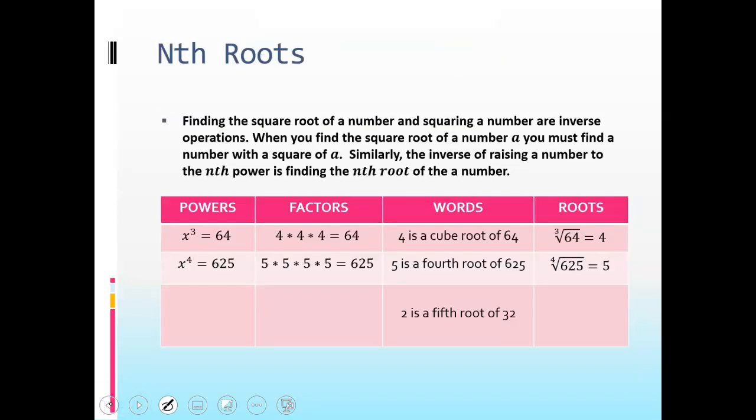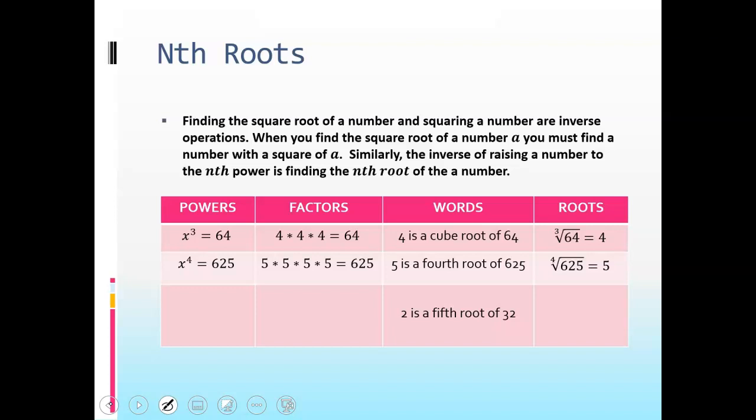So when we are finding the square root of a number, you are looking for a perfect square inside. If you are finding the cube root of a number, then you are looking for 3 of the same number inside.